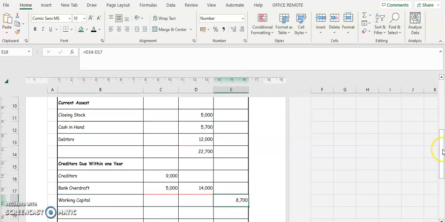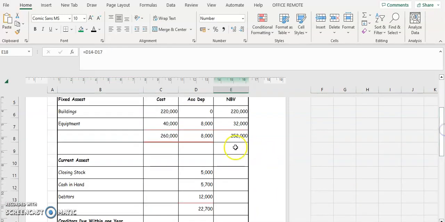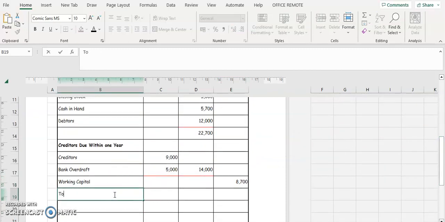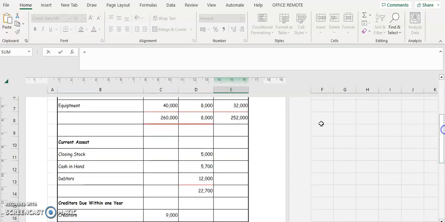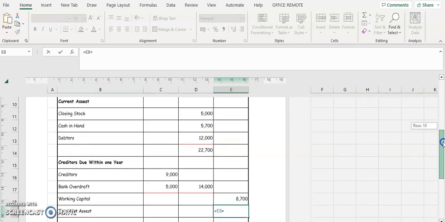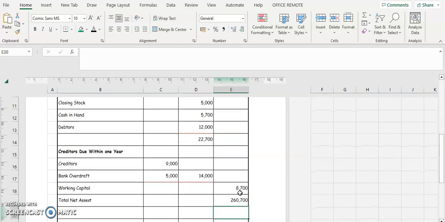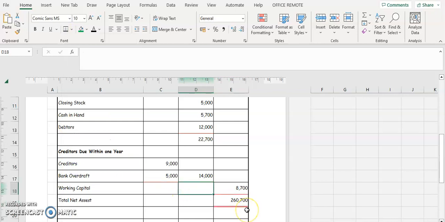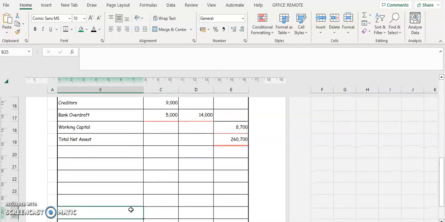And then that 8,700 is going to be added on to the 252,000 to give us your total net assets. So we'll add these two together. So our worth in the business is 260,700.